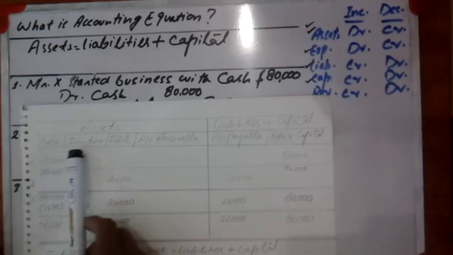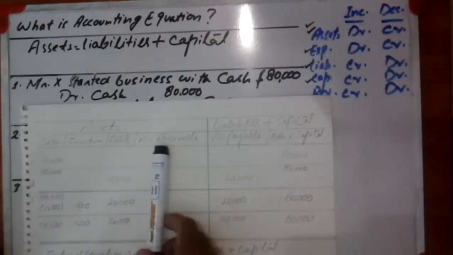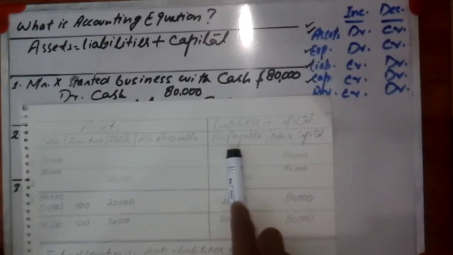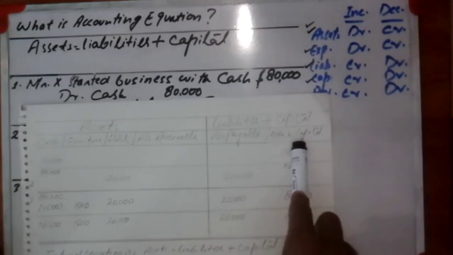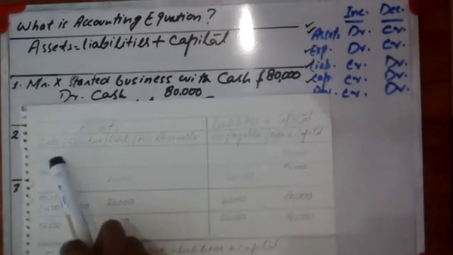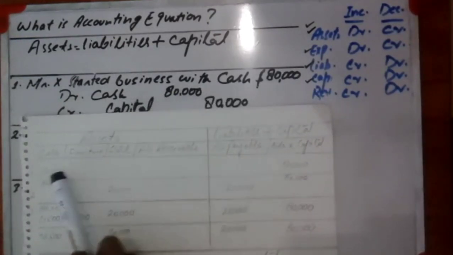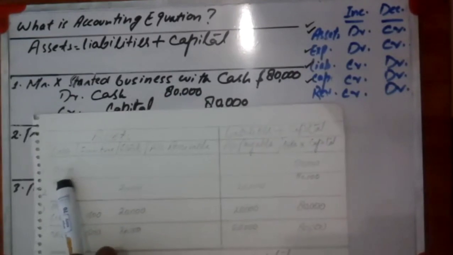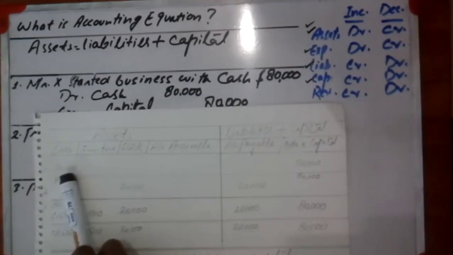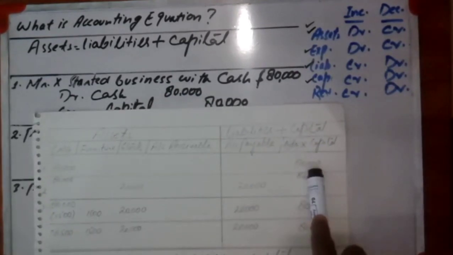Assets: cash, furniture, stock, accounts receivable; liabilities: accounts payable; and Mr. X capital. First transaction, debit cash. Cash is increasing by 80,000 and capital is increasing by 80,000. Both sides equal, 80,000, 80,000.